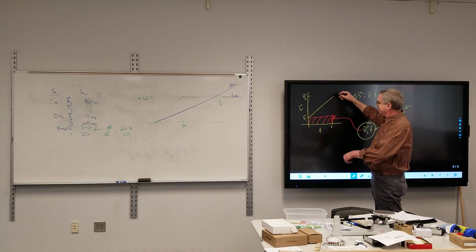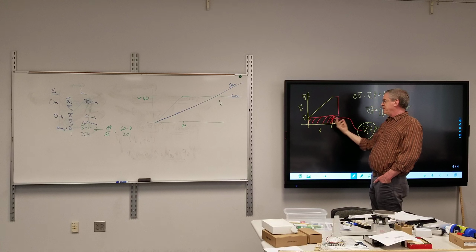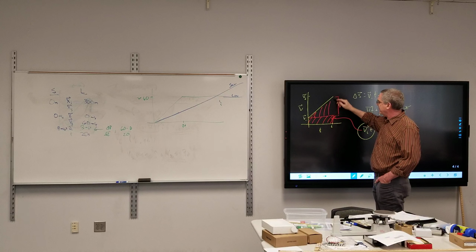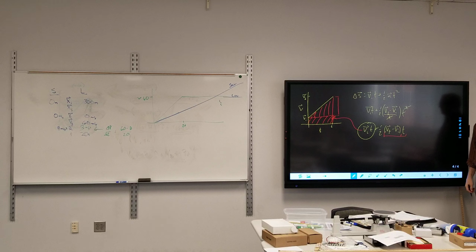Well, that height right there is the difference between VF and VI. My base is T, so that second piece is just the area of that. So my displacement, total displacement, whatever you want, overall displacement, my displacement is just the area under my velocity time graph.